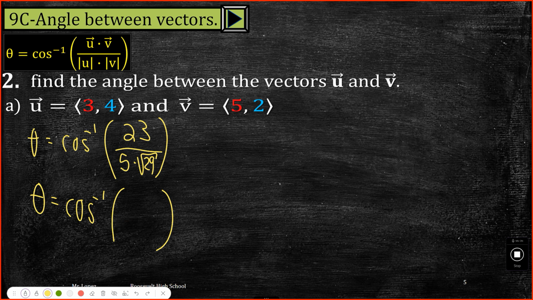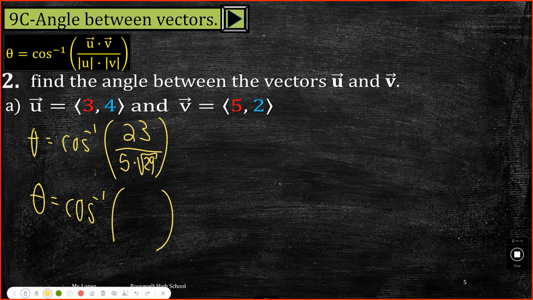23 divided by 5. Go ahead and do 23 and divide it by 5. What are you getting? You're getting 4.6? Yes. That answer, you're going to divide it by square root of 29. Now divide again, square root of 29. And you're getting 0.85.